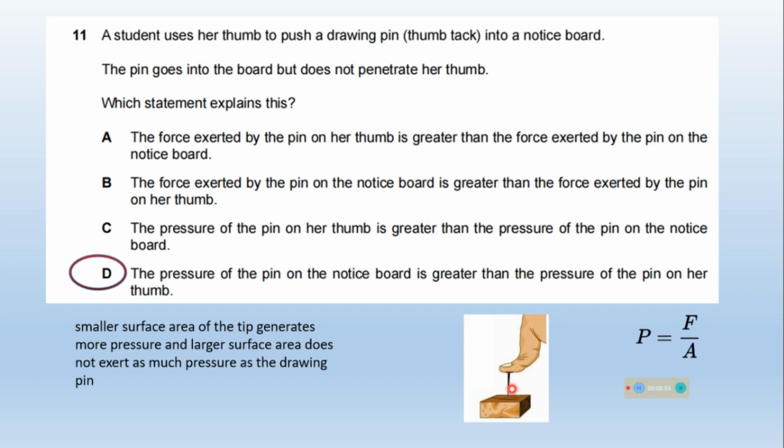So option D says the pressure of the pin on the notice board is greater than the pressure of the pin on her thumb, as the thumb is in contact with the larger surface area and the tip of the pin is in contact with the notice board.